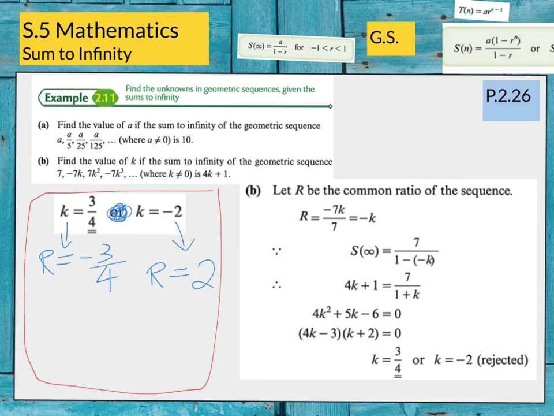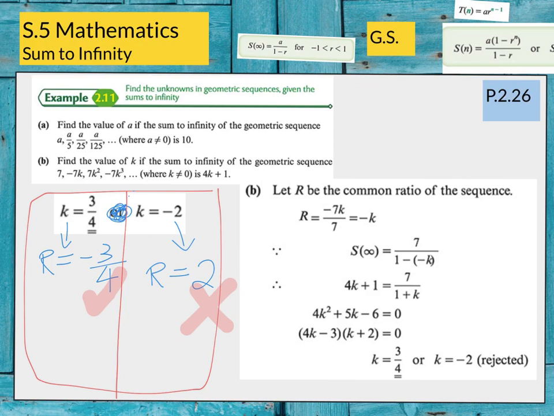So for case 1 and case 2, we split it into two parts. For the first one, R is equal to negative 3/4, which is in between the range, so this one is okay, we can use. But for the second one, R equals 2, it is greater than 1, so we need to reject it. That's why this time we only have one answer.